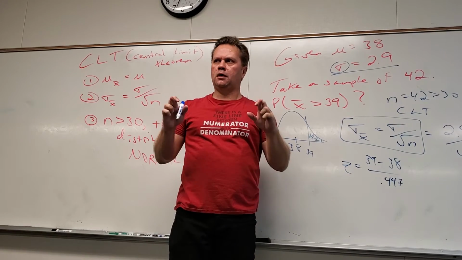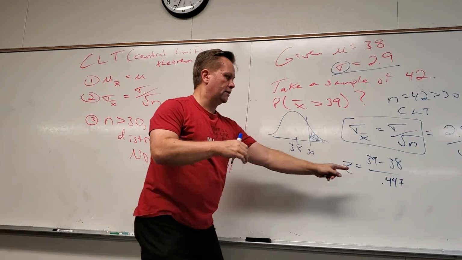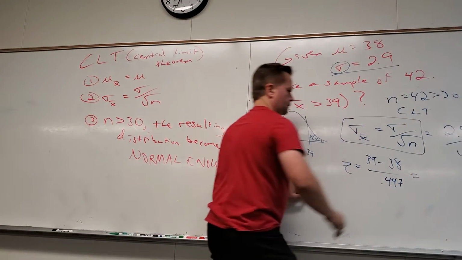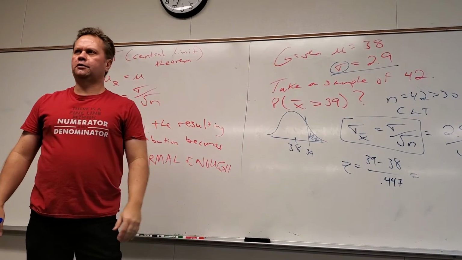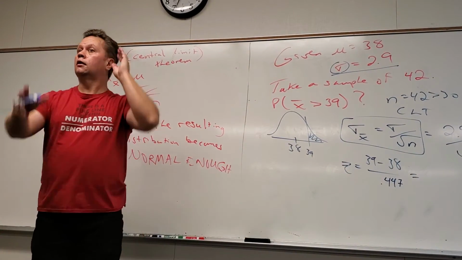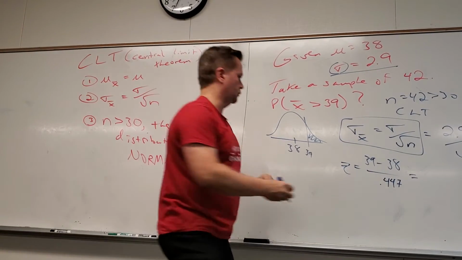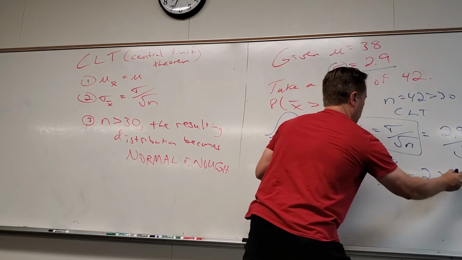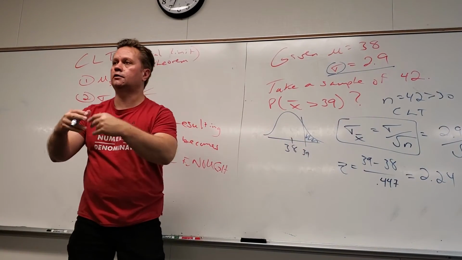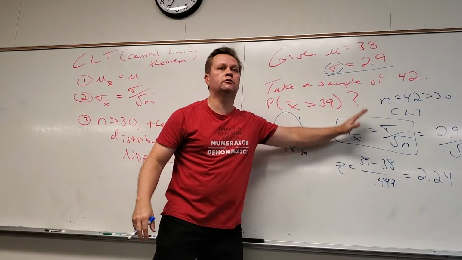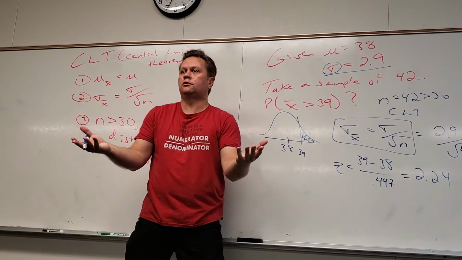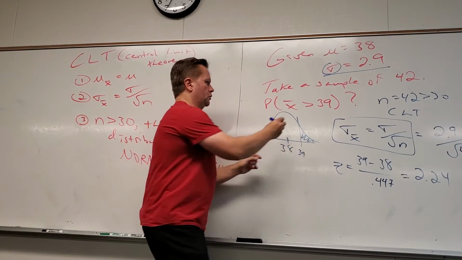Okay, maybe. So then how do I keep going? What do you guys get when you do this? It's going to be like 2 point something. 2.24. And now nothing changes. Once you change the standard deviation, the rest of it is exactly the same as the normal z-score problem. Look up 2.24.